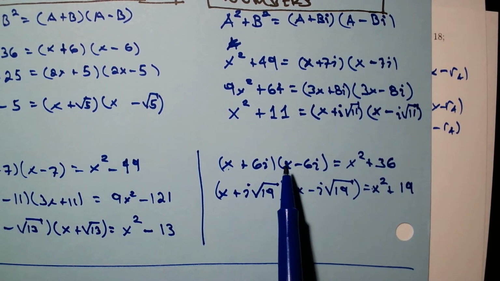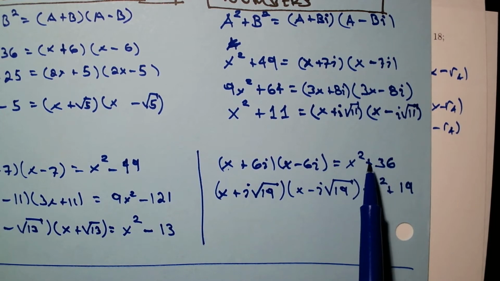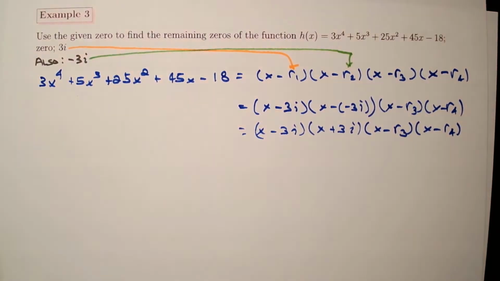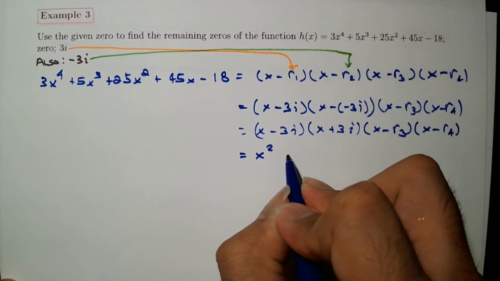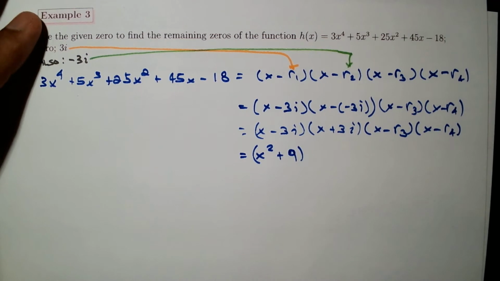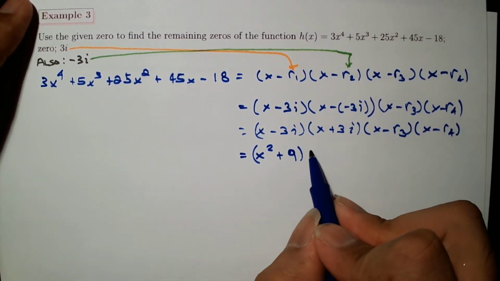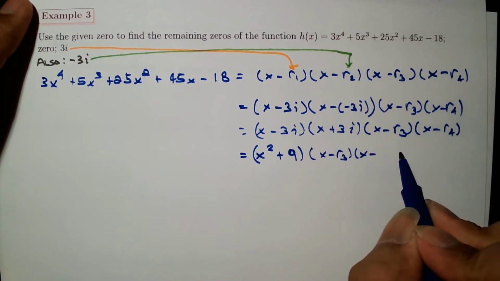Rather than doing the foiling, x squared, 6 squared, but instead of having a minus, a difference of squares, we're going to have a sum of squares. So let's use that same idea. All right, so in this case, we're going to have x squared plus 9 times x minus r3, x minus r4.